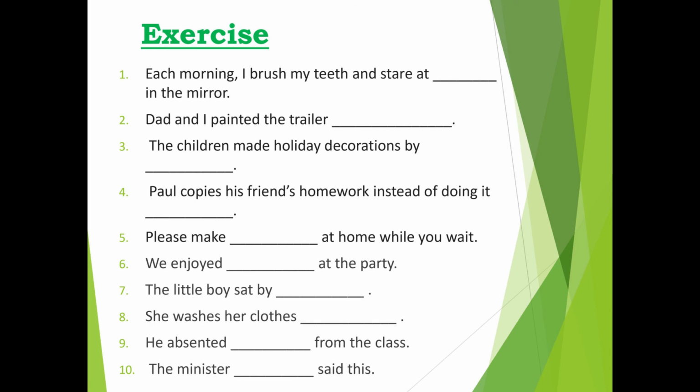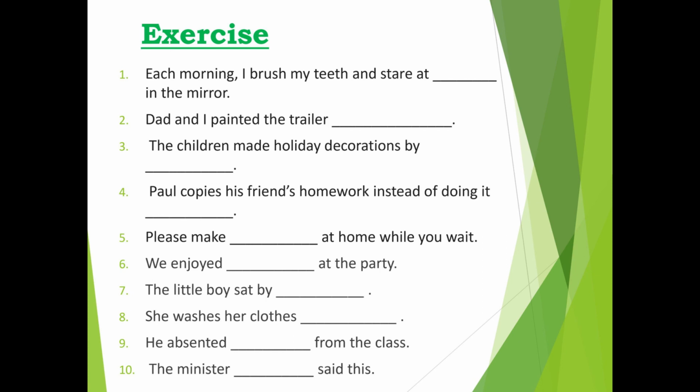Okay? Next, the little boy sat by dash. It is very simple. Boy, singular, third person. So, himself. The little boy sat by himself. Next, she washes her clothes dash.